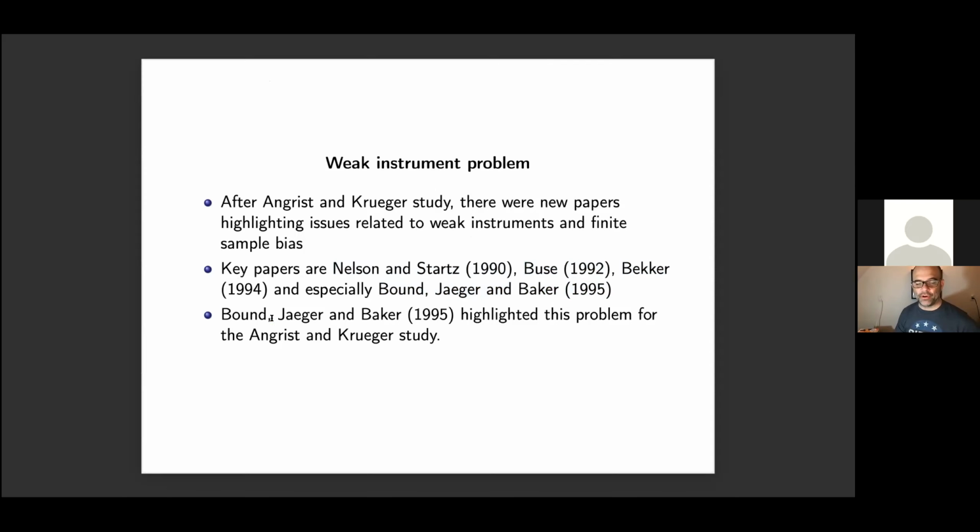Bound, Jaeger, and Baker was focused explicitly on Angrist and Krueger. The others were econometrics papers, but this one was about Angrist and Krueger.